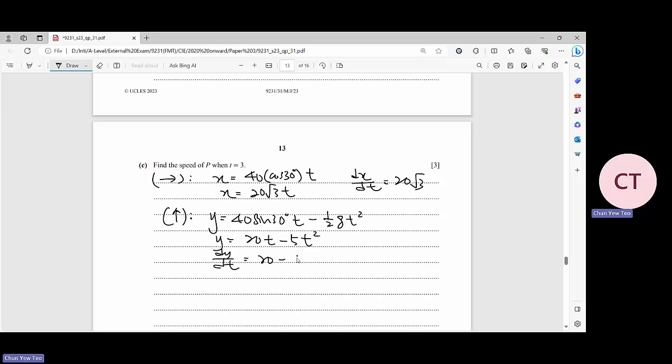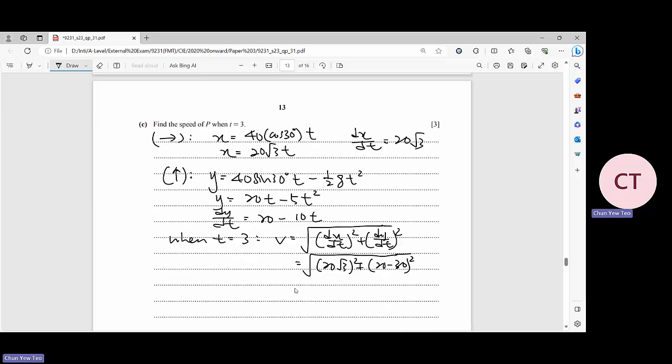You have 20 minus 10t. Then when t is equal to 3, my v is equal to the square root of dx/dt squared plus dy/dt squared. So this will be the square root of (20 root 3) squared plus (20 minus 30) squared.